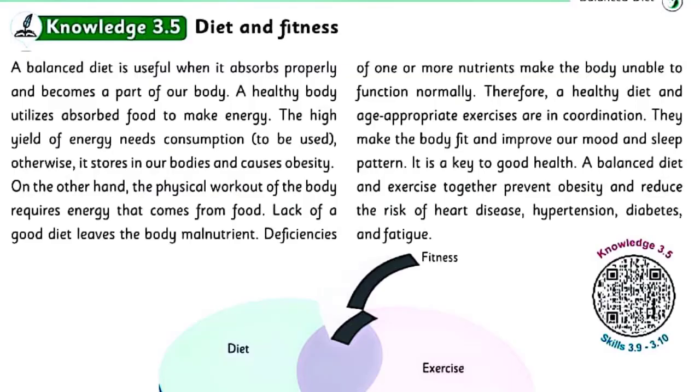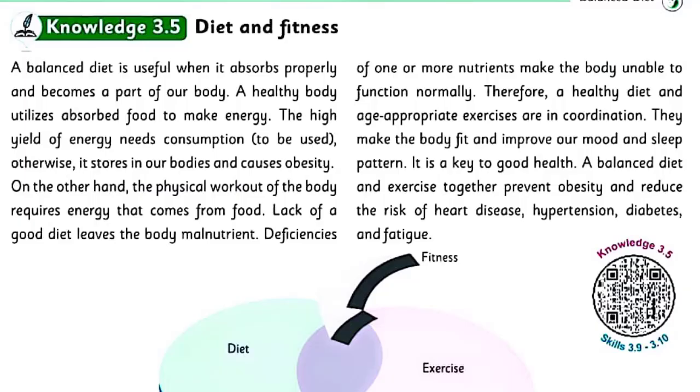Diet and fitness. A balanced diet is useful when it absorbs properly and becomes a part of our body. A healthy body utilizes absorbed food to make energy. The high yield of energy needs consumption, otherwise, it is stored in our bodies and causes obesity.